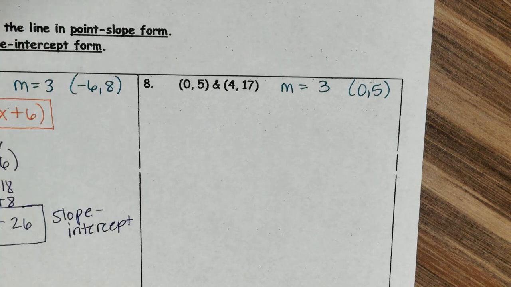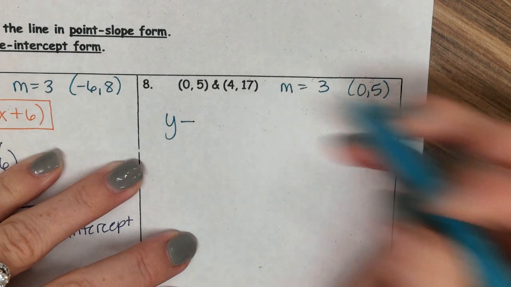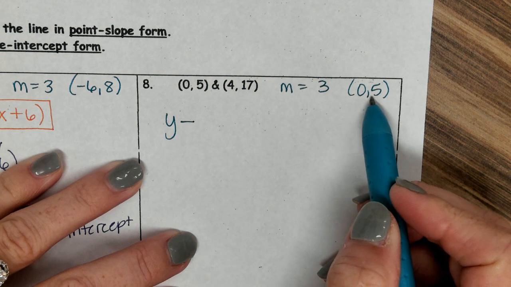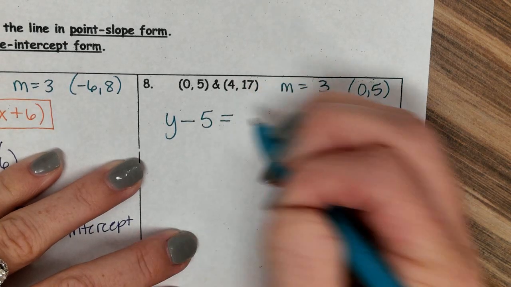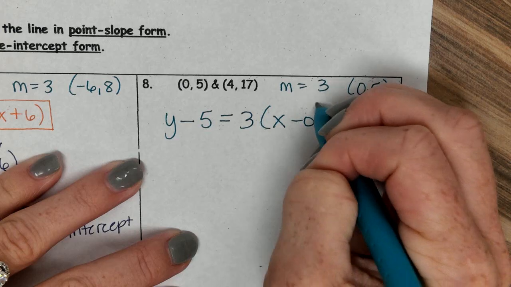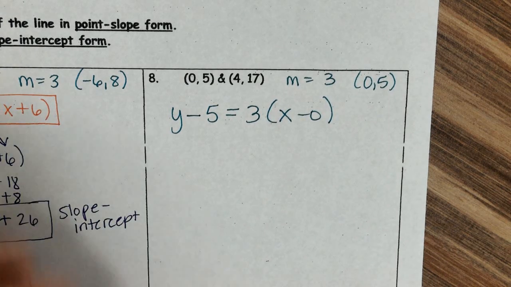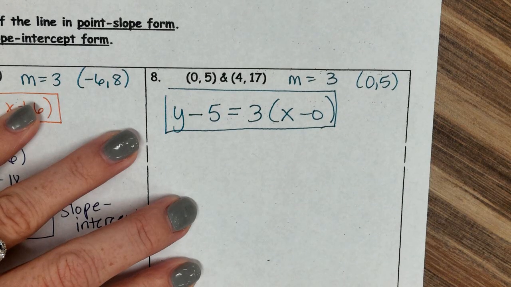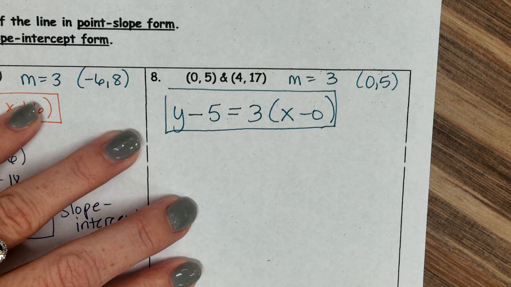So here's my equation. Y minus the y value, which is 5, equals m, which is 3, x minus 0. So here is point-slope form. And now I'm going to rearrange it.